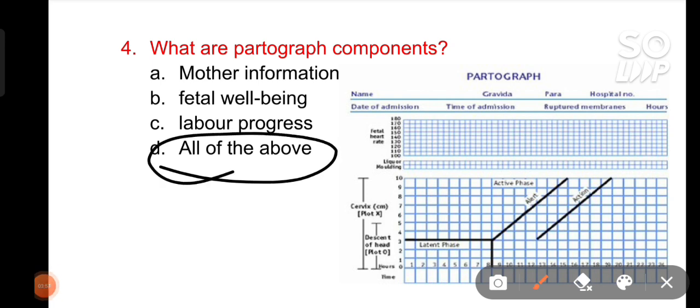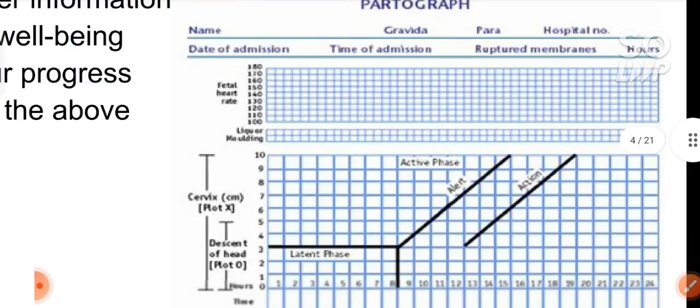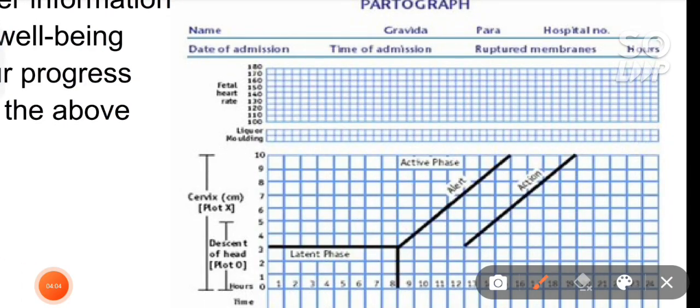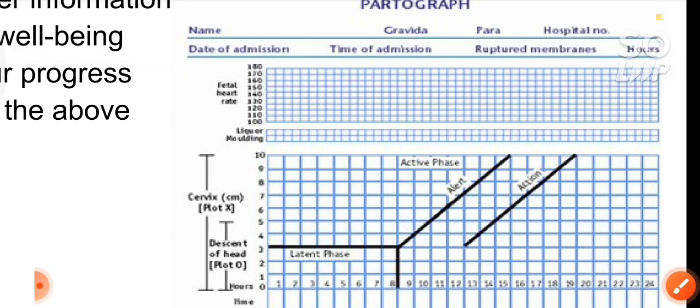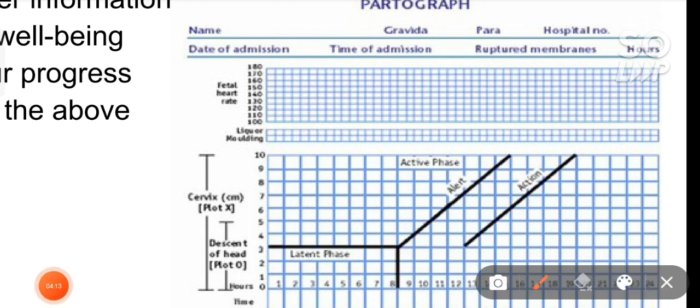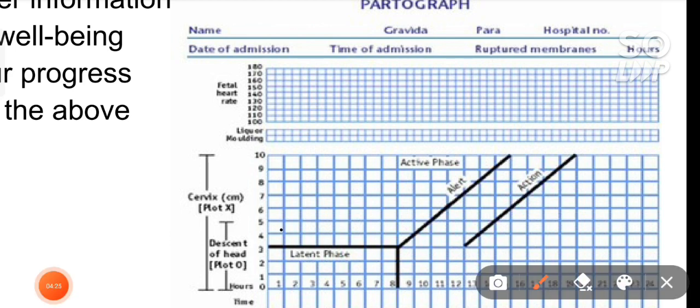In this partograph we can see the mother information: name, gravida, para, hospital number and all the details of the mother. We can also see the fetal heart rate, cervical dilatation and descent of the head of the baby. So we can get all the information regarding the delivery of the mother.